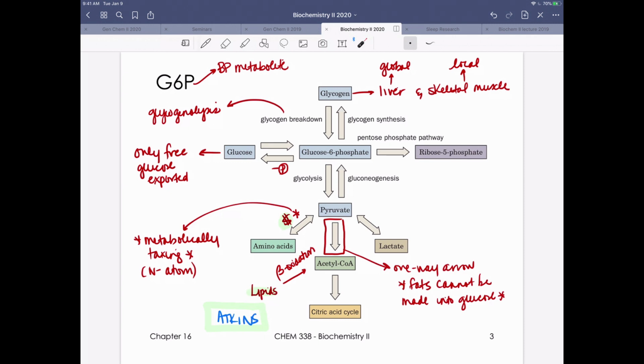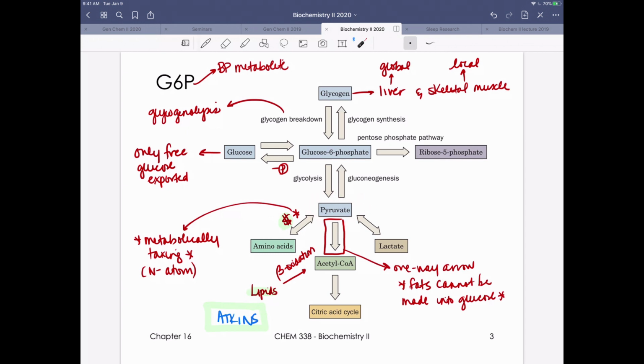We'll get to this a little bit later, but just to give you a preview, this dephosphorylation of glucose 6-phosphate by G6-Pase, glucose 6-phosphatase, only happens in the liver. The muscle cells do not have that enzymatic machinery to do that chemistry. So that's one of the reasons why skeletal muscle really only satisfies local or selfish internal glucose needs.